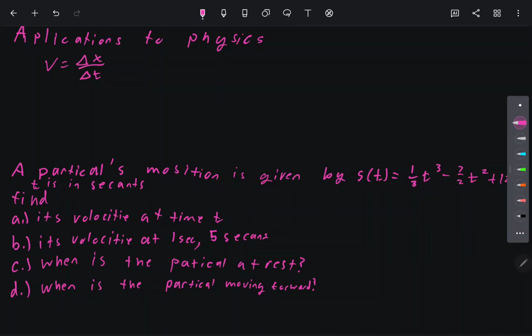So velocity in that case is x2 minus x1 over t2 minus t1.